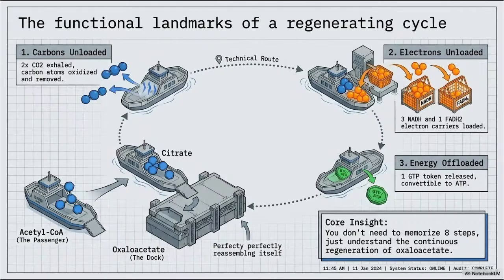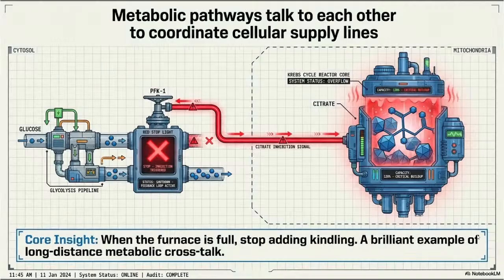ATP is the universal currency of the cell, but there are times that if ATP is not available or in readily supply quantity, they can also make use of the lesser one, that is GTP. So you don't need to memorize 8 steps, just understand the continuous generation of oxaloacetate.